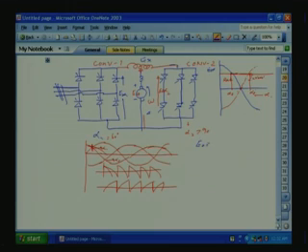E0 with respect to instantaneous time, including the ripple voltage, is equal to E alpha 1 t minus Er t divided by 2.